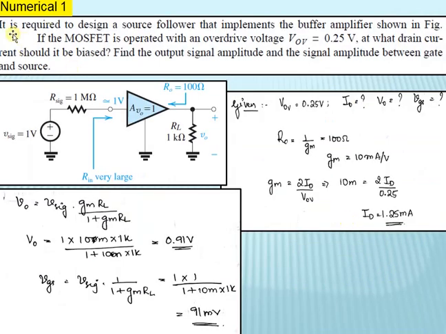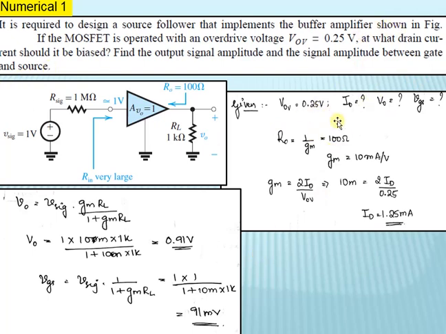The first numerical says that it is required to design a source follower that implements the buffer amplifier which is shown in the figure, and if the MOSFET is operated with an overdrive voltage of 0.25, at what drain current should it be biased, and also find out the signal amplitude of the output and the signal amplitude between the gate and the source.